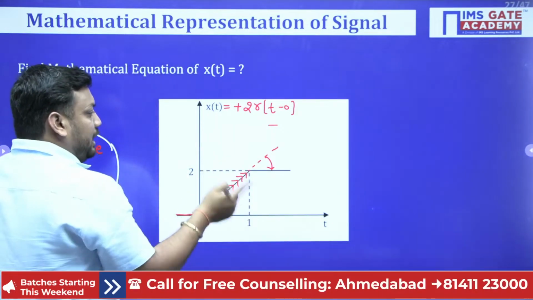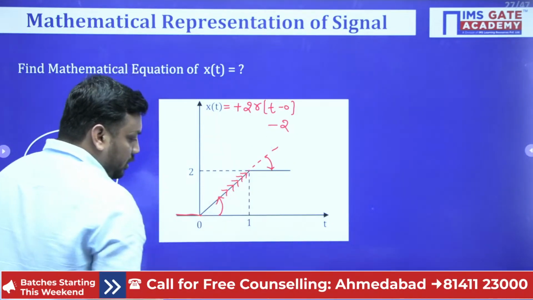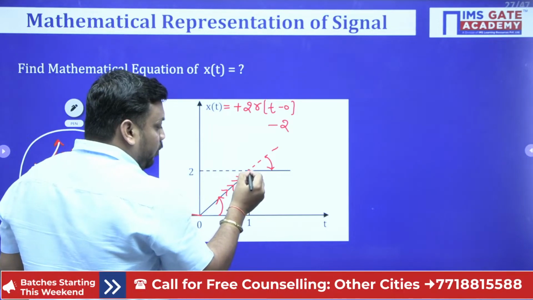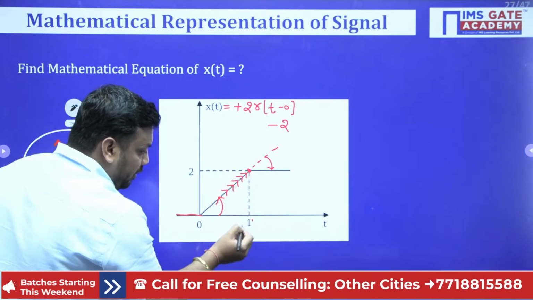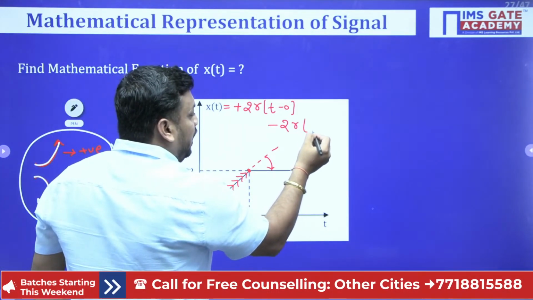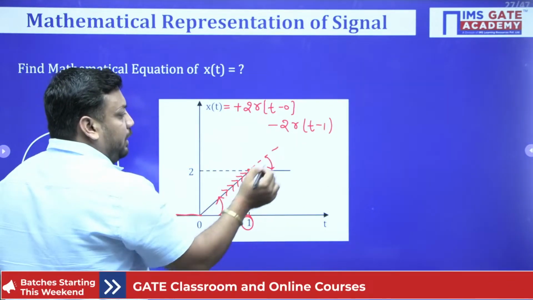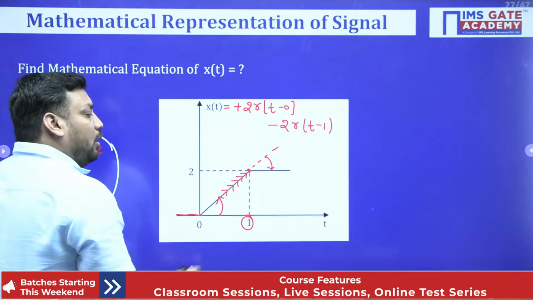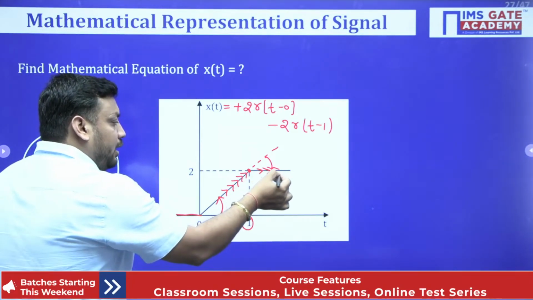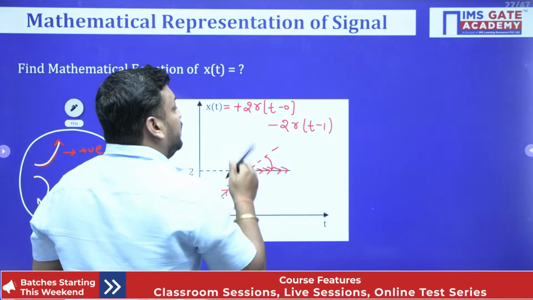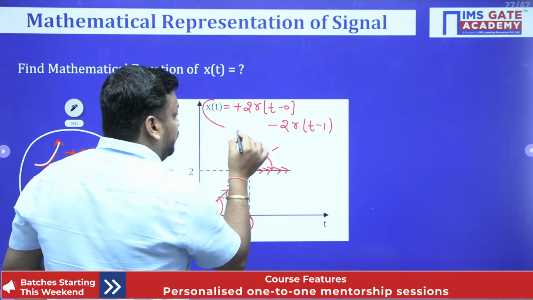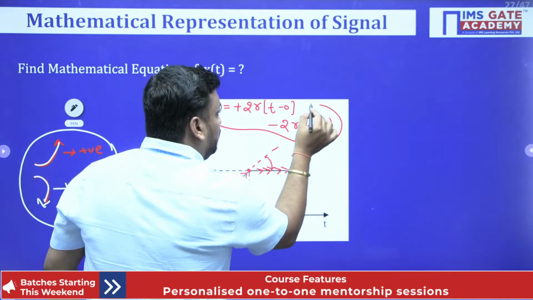What was the last slope? 2 only. So I am taking 2 only. And what is the location of movement? 1 only. So I should write twice of r(t minus 1), because this r is coming downward, that is why minus, and the location. Now that's all, guys. Now you are traveling here and till infinity it goes like this. So this is the only equation for the first question.